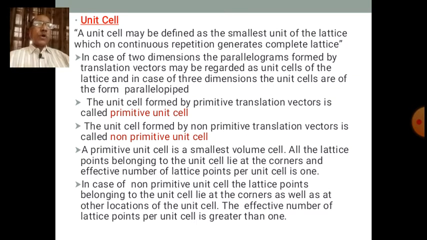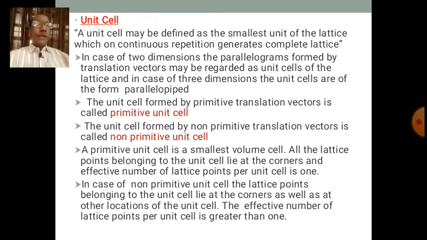So the effective number of lattice points per unit cell is 1.